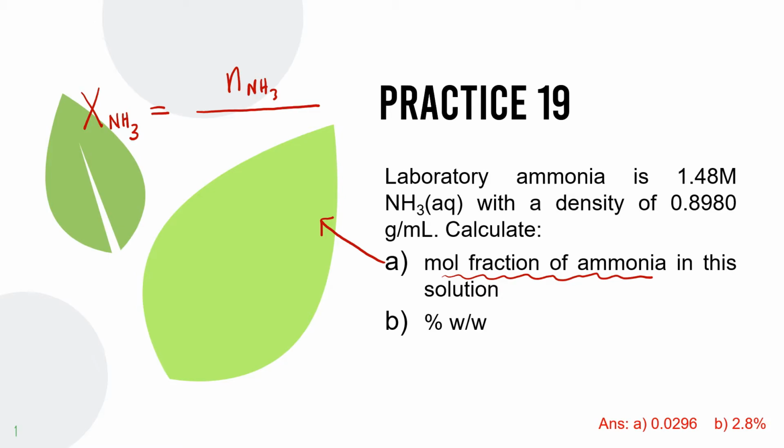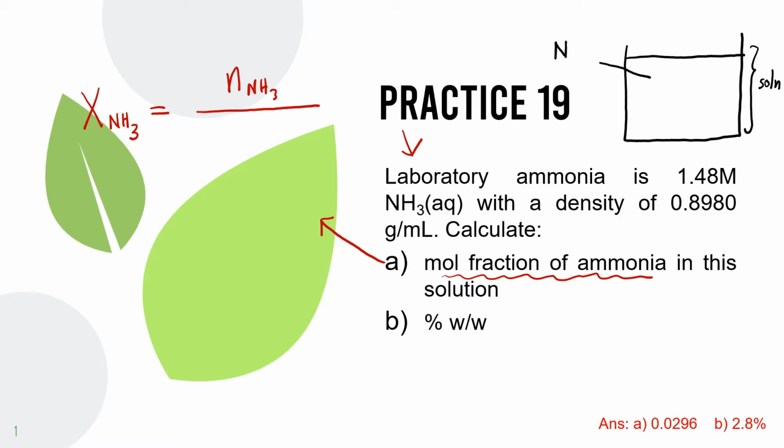Look back at the question. In the question, laboratory ammonia solution means this is a solution. In this solution we have a mixture of pure ammonia and water. So ammonia is the solute and water is the solvent. A mixture of these two gives us a solution.